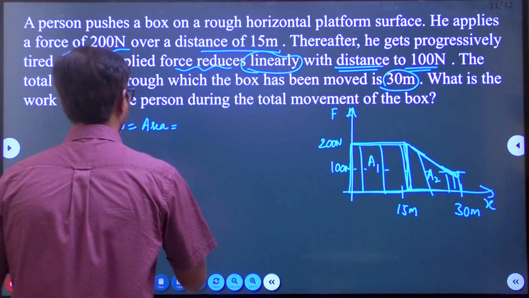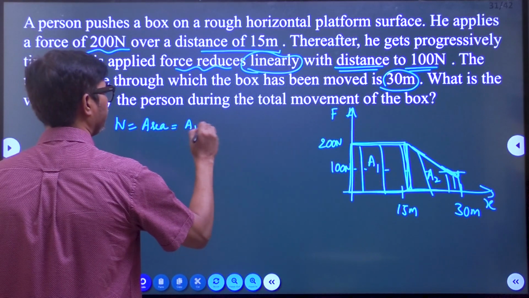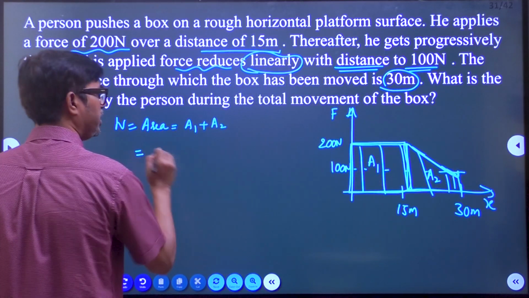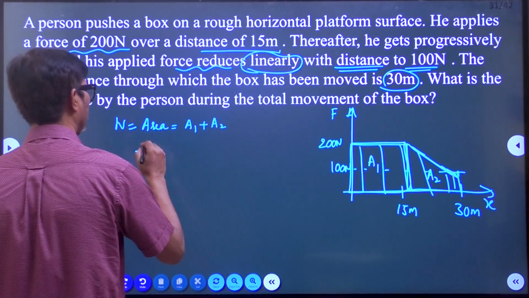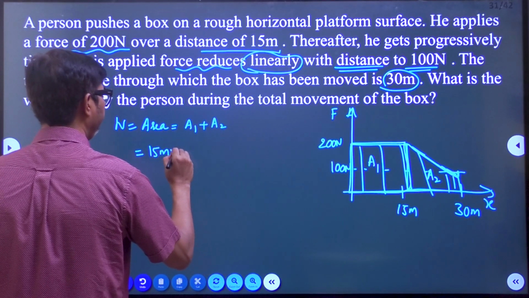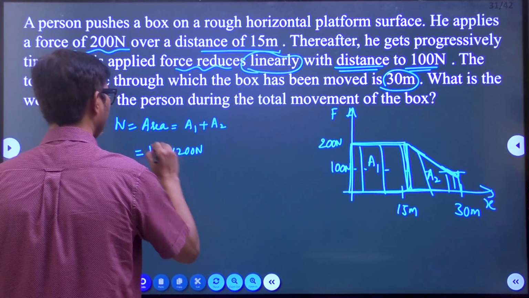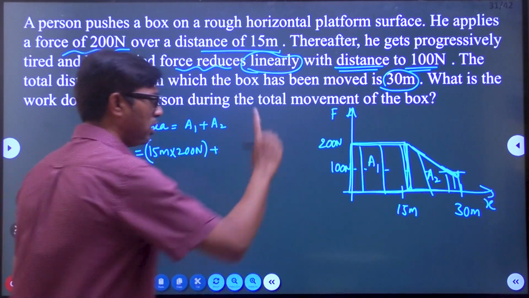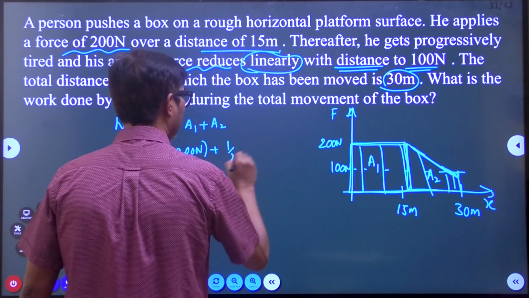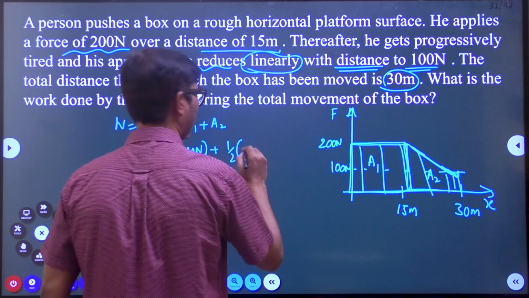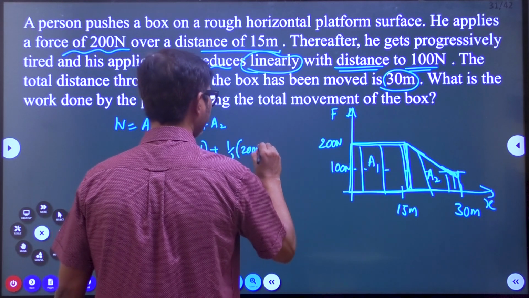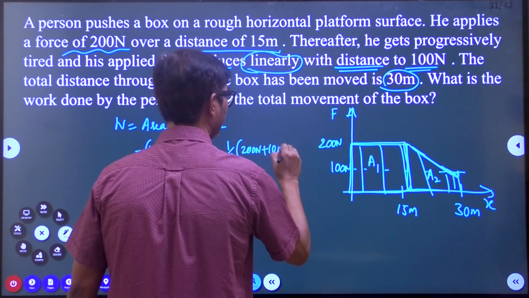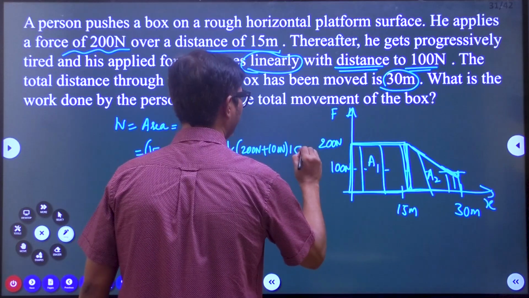So A1 is how much? Base into height, 15 meters into 200 Newton, that is 3000 joule. And A2, it's a trapezium, half into the sum of the parallel sides, 200 Newton plus 100 Newton, into the separation between them, 15 meter.